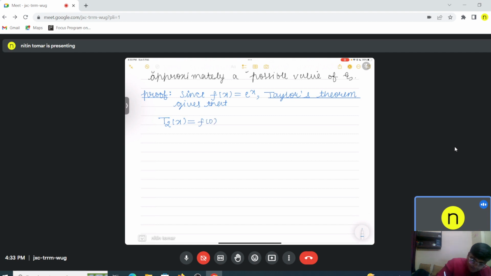It will be f of 0 plus f prime 0 x plus f double prime 0 x square by 2 factorial. Now if you plug in the values as I was discussing, it will be 1 plus x square by 2. This is our Taylor polynomial of degree 2, and the remainder term will be the third derivative at some unknown xi times x cube by 3 factorial, and this will be some xi in R. Okay.